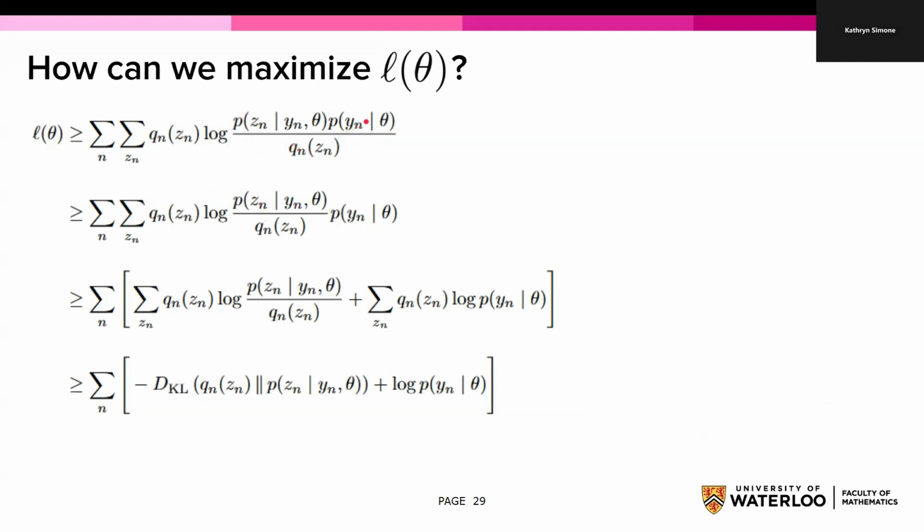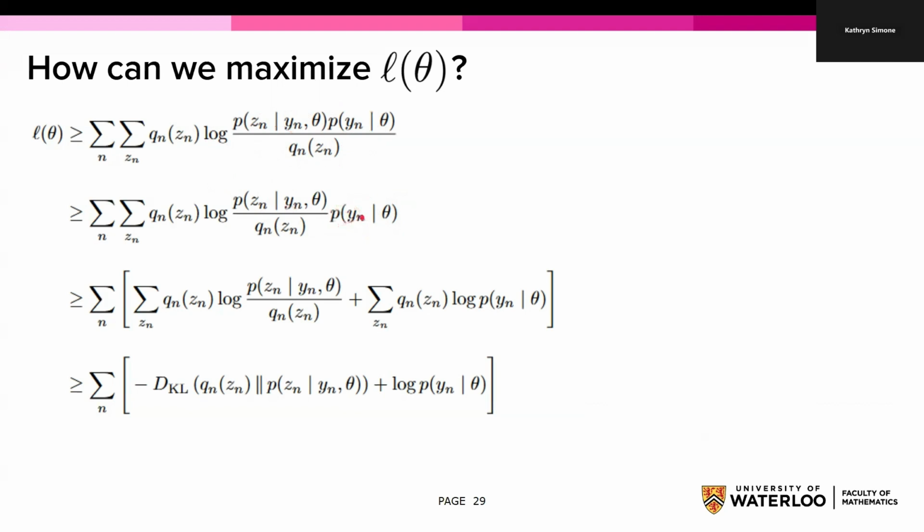We'll first start by rearranging this part here to emphasize a ratio of the joint distribution p over the auxiliary distribution and the posterior, and the marginal probability of y.